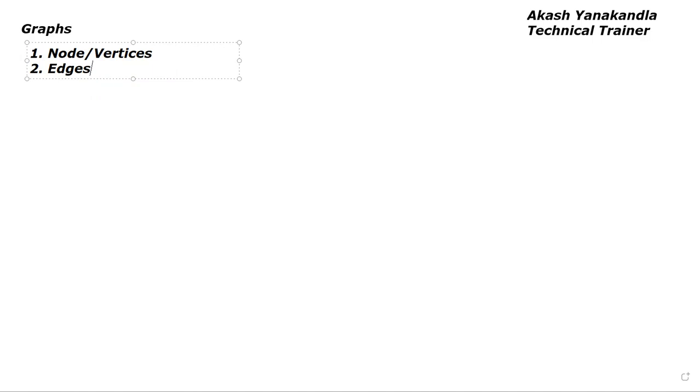Nodes are also known as vertices. It's like a kind of junction point. Node or vertices means it's kind of a junction point. So instead of here, I can consider it here. Let me do one thing here.